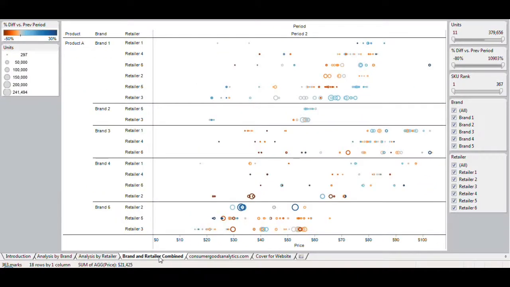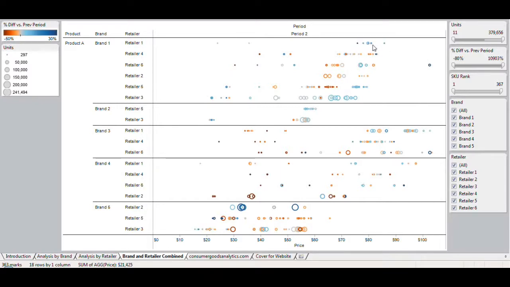And we can also combine both of the dimensions, brand and retailer, and we can see that brand number 1 is the one that plays in the most retailers, and within that brand number 1, that same mix of retailers also plays out.